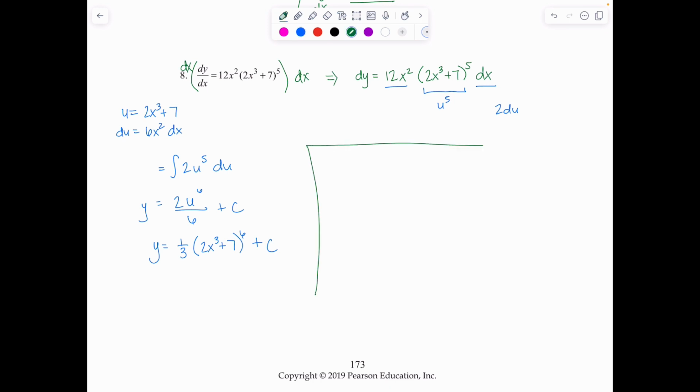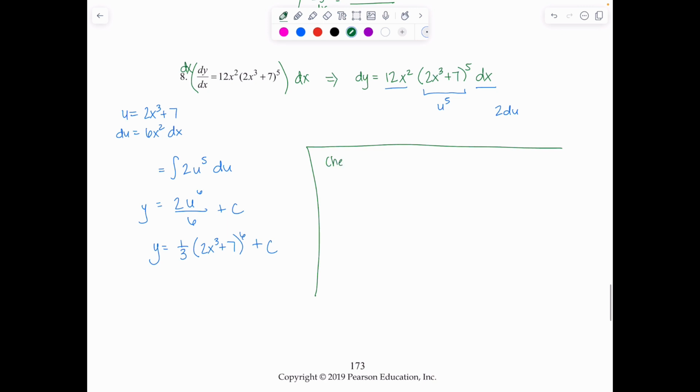Let's check it. If y equals 1/3 (2x cubed plus 7) to the 6th plus c, and we take the derivative, dy/dx, then we'll get 1/3, use the power rule, 6 times (2x cubed plus 7) to the 5th, chain rule, 6x squared.